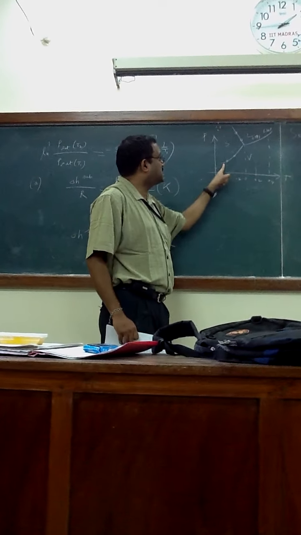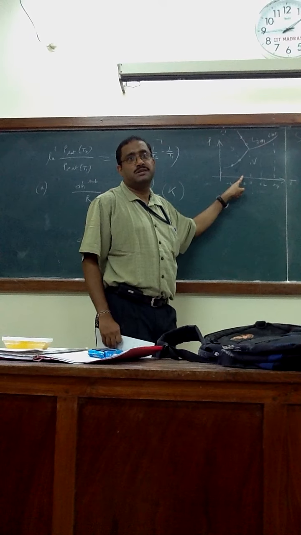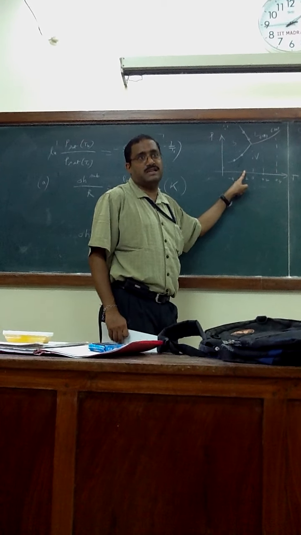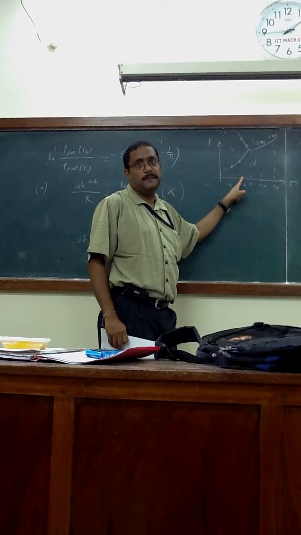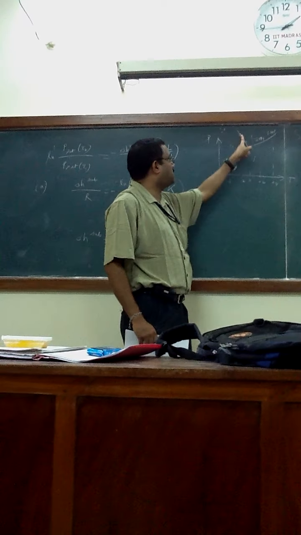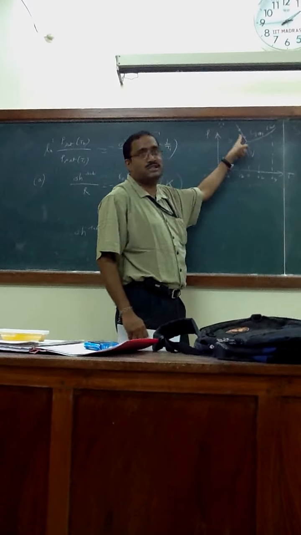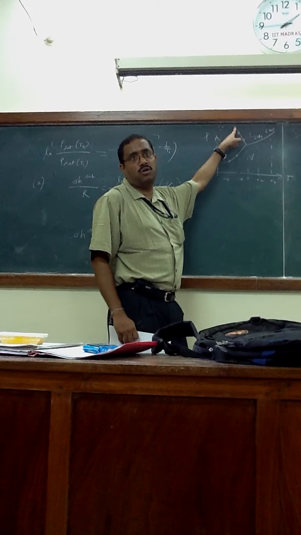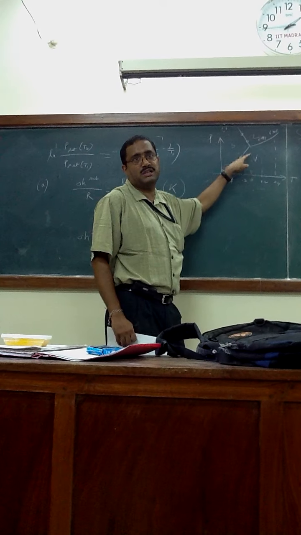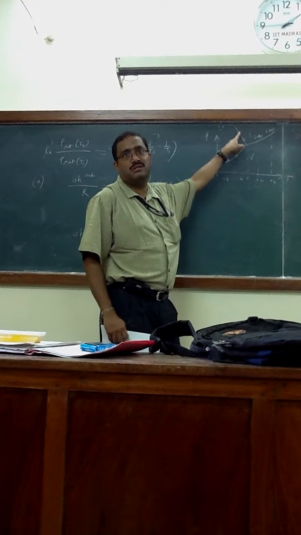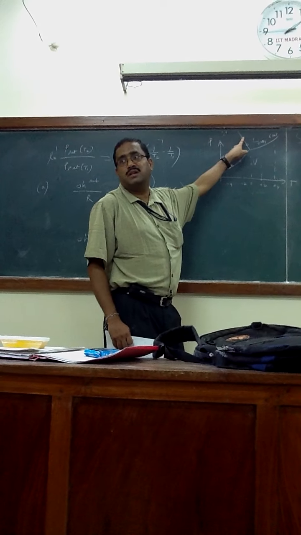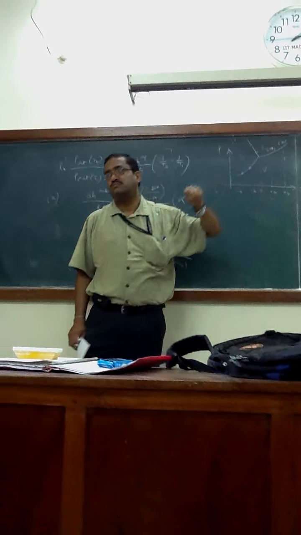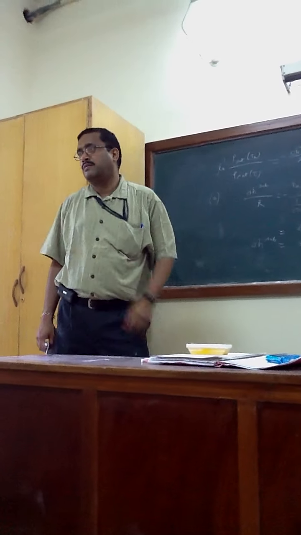But my values are less, which means it has to be the solid vapor branch. That means the data is sufficient. If I am in this branch, my data has to be at least 7 or 7.5 to 8. But my data is given only 3 point something, so it has to be this branch, not this branch. Is the funda clear? No, the funda is not clear.